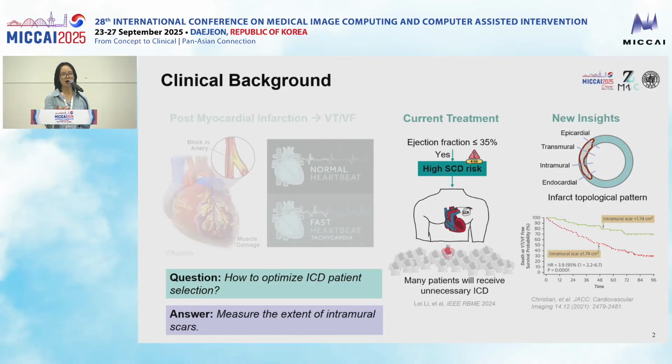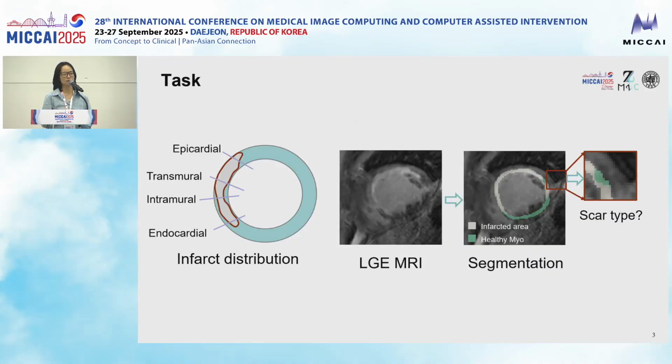This gave us a new direction: maybe we can measure the extent of the intramural scar to optimize our selection of ICD patients. So this motivated us to obtain the infarction distribution.